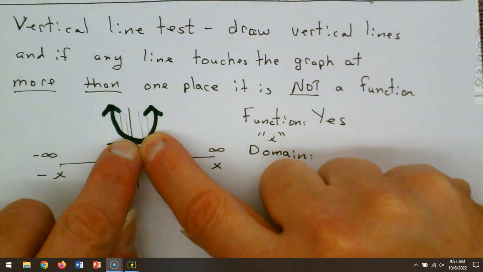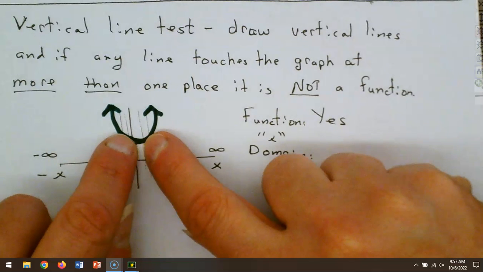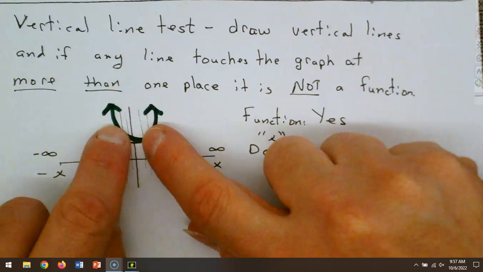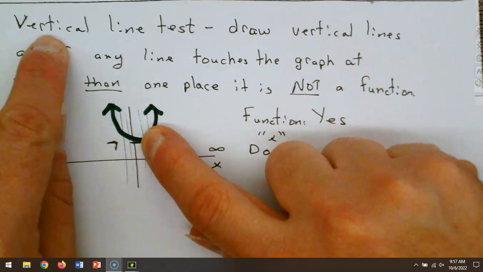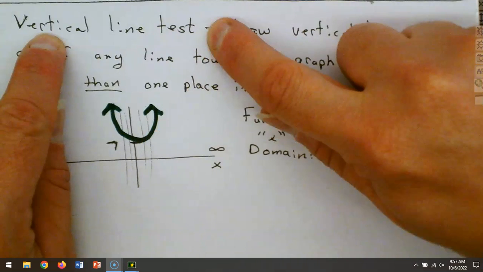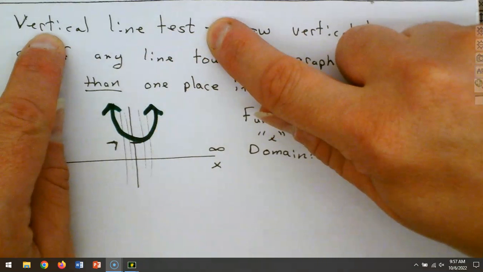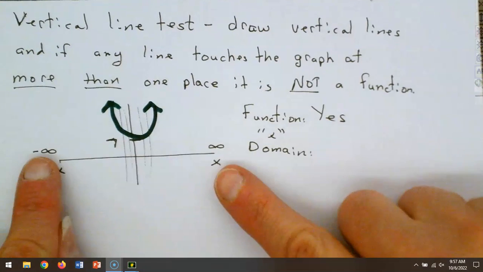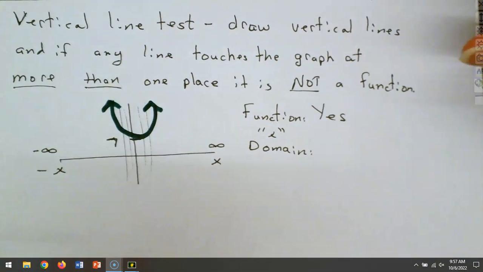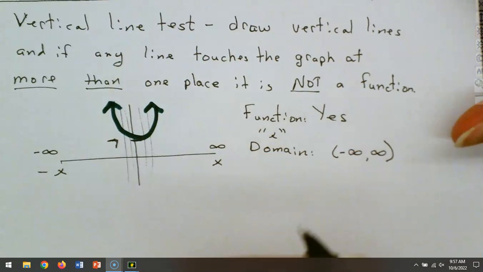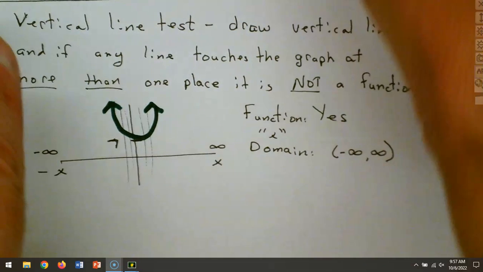When I graph this, what's happening as I start here and as I go up? As I go up, I'm going to the left, and I'm also going to the right. I'm going up to the left and up to the right. So that means my domain is from negative infinity to positive infinity, because you're going up, you're going left and right.